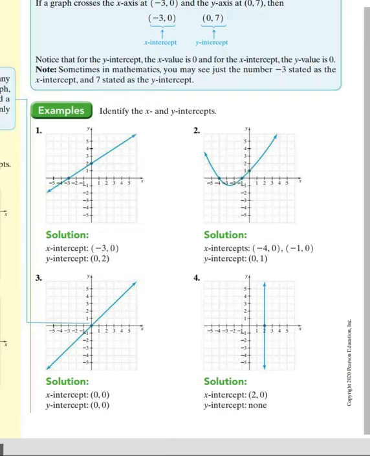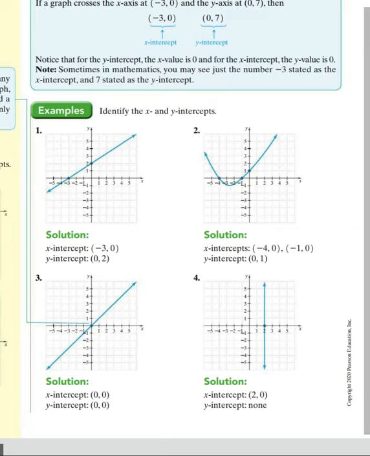If we keep following the line, here's another one, but it intersects with the y-axis this time. So our x-intercept would be -4, 0, which is right here. Then -1, 0, which is right here. And then our y-intercept is going to be 0, 1.